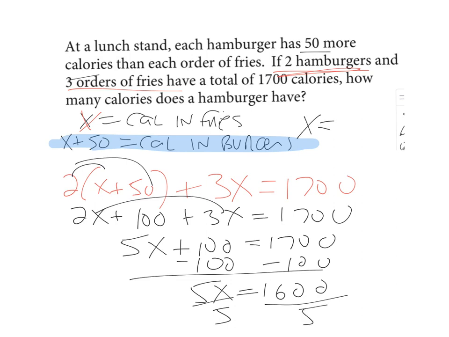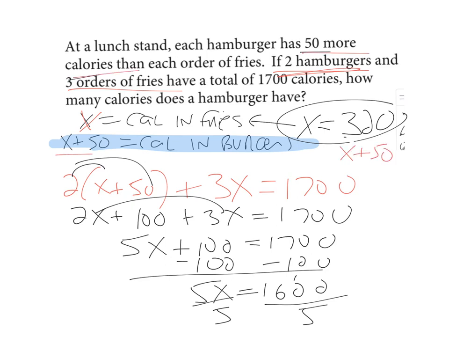So it looks like here, x is going to be equal to 320 calories. So since there's 320 calories in the fries, and it says each burger has 50 calories more, so x plus 50, that's going to be 320 plus 50, or the answer to our question, this is a grid question, 370 calories in the burgers.